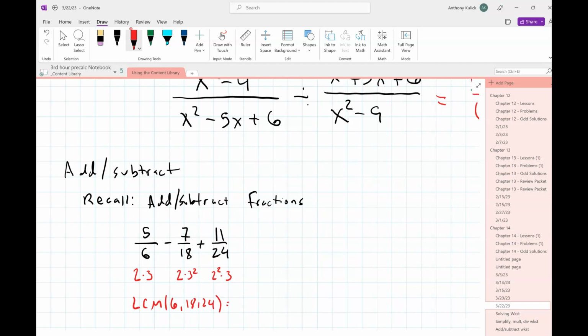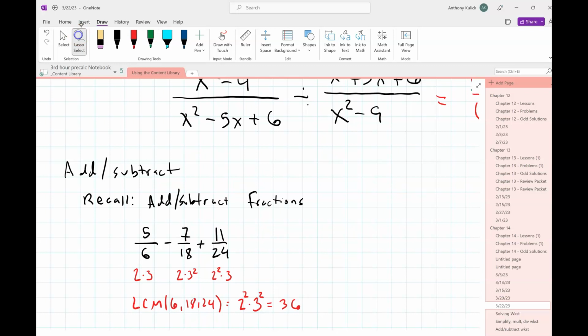So each distinct prime should be in the least common multiple. So 2 and 3 need to be in there. And then I need the biggest power of 2, so that's 2 squared, and the biggest power of 3, 3 squared. So this should be 36.